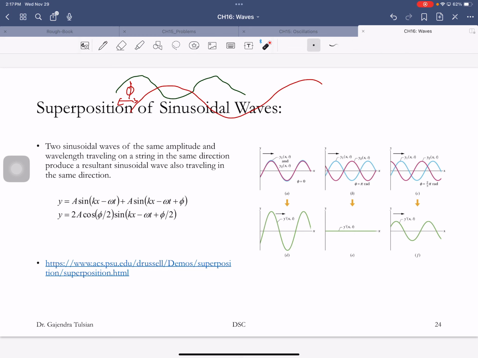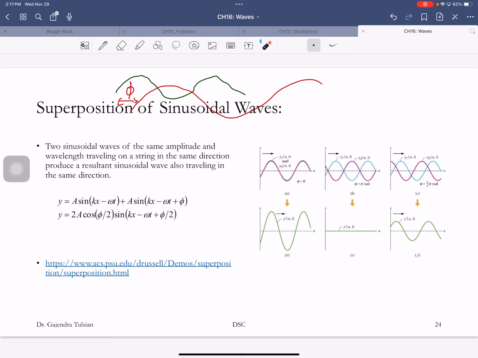So if this were 0, they're starting at the same location in an identical manner. So here's a phase shift of 0. So 2 waves traveling to the right. Here's a phase shift of 180 degrees. So whenever you have a peak here, this has a trough. And so these waves are traveling to the right.